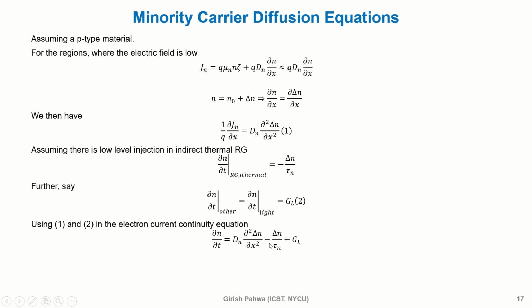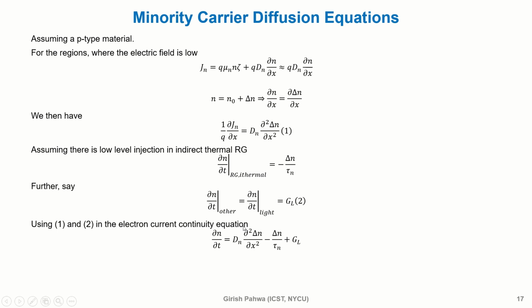If you solve this equation, you will get a solution which will be a function of both time and position. Under certain assumptions, I will show you some exercise examples, and you will see how we can solve this equation.